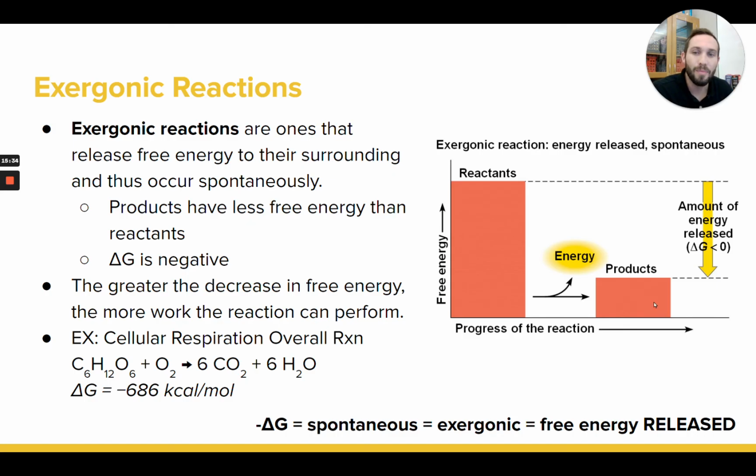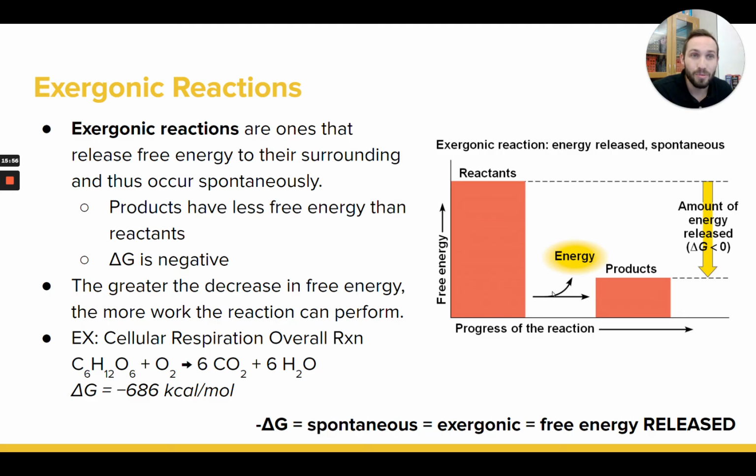And so that reaction that goes from glucose and oxygen to CO2 and H2O is exergonic. This is the delta G value. It's negative 686 kilocalories of energy per mole. But the important thing here is that it's negative. It's a negative delta G. So that's exergonic, okay?